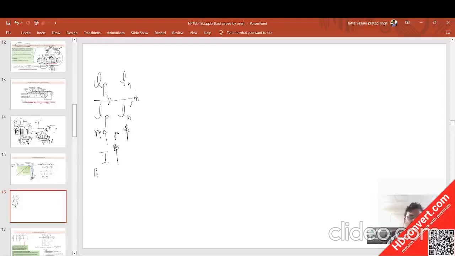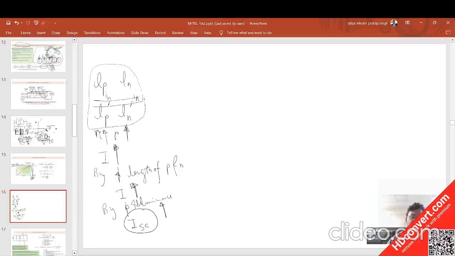So by increasing the length of the P and N side, you can increase the current, and also by increasing the illuminance, you can increase the current up to a certain ISC level, but you cannot increase it above that level because the length will reach a threshold limit. Okay.